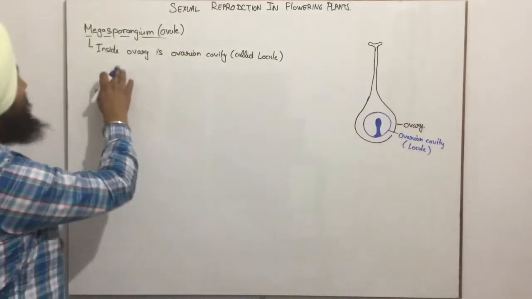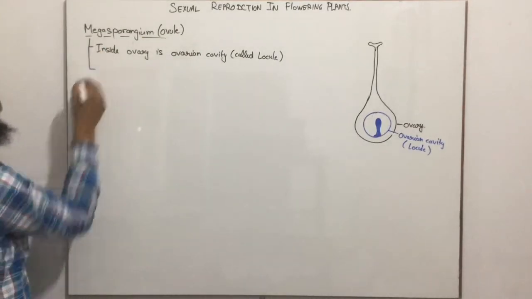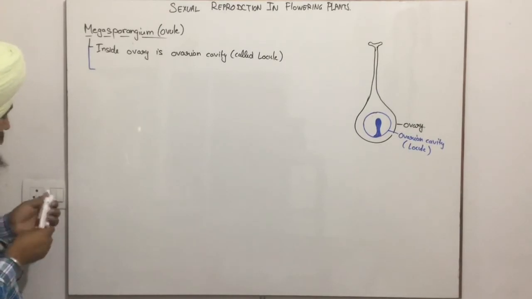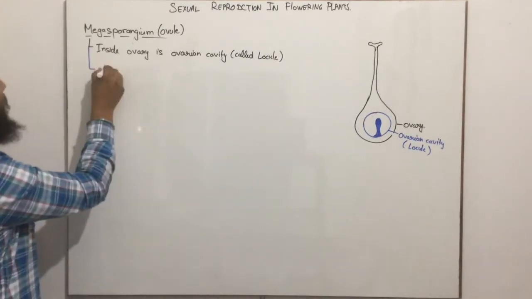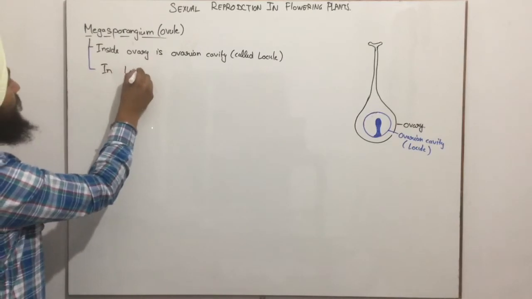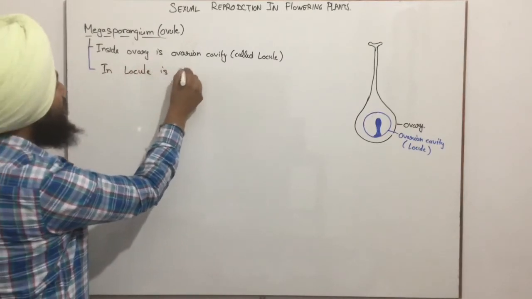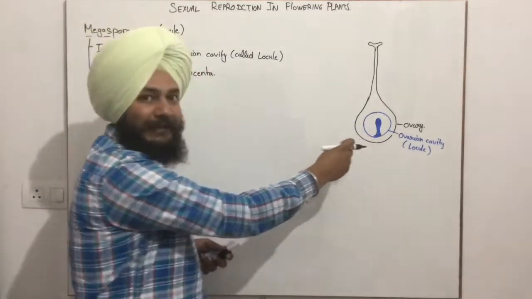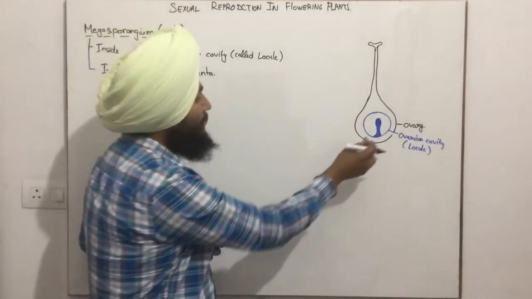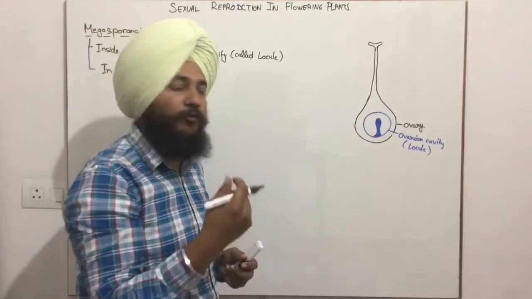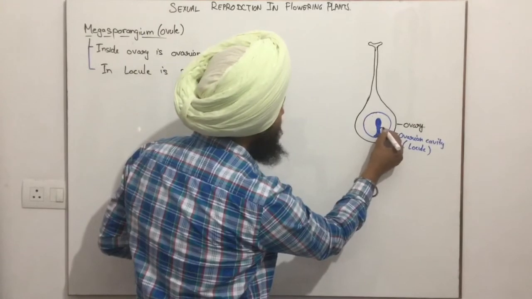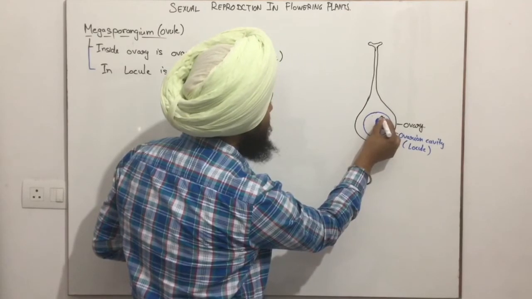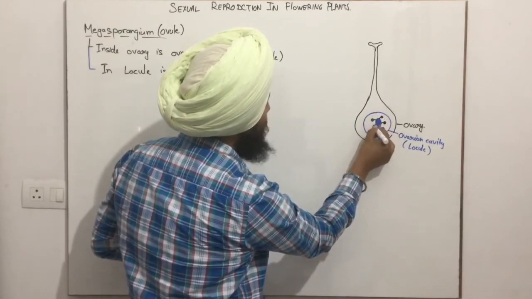Inside the ovary is the ovarian cavity or locule, and inside the locule is the placenta, and on this placenta arises the ovule. The ovules will arise on this placenta. For example, this is an ovule, this is an ovule, this is an ovule, this is an ovule.